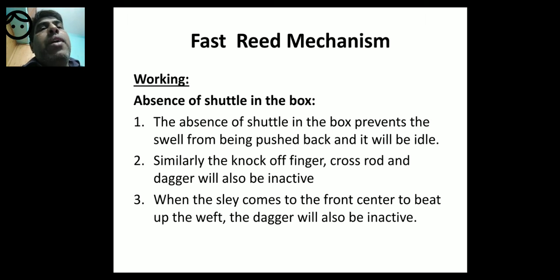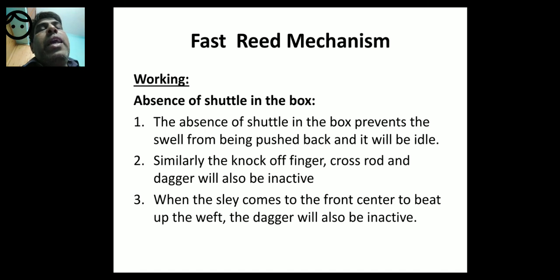Because of weak pick, worn out shuttle or damaged shuttle, and weak picking mechanism. So these are some of the reasons for shuttle trap. And what will happen in case of shuttle trap?